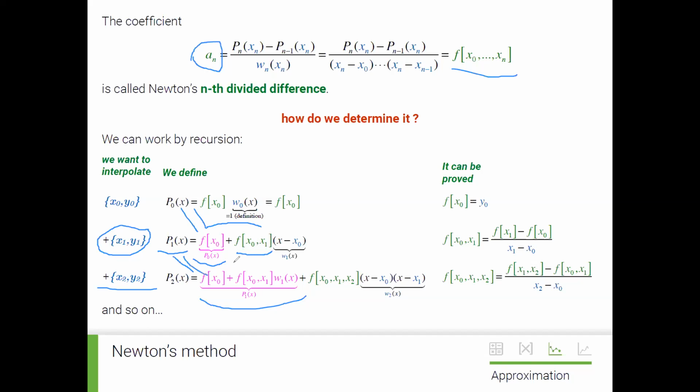Yes, look here from the previous row. This is P1. And we need to add the third term here, and this one gives us w2 of x. And so on. We can continue this process.